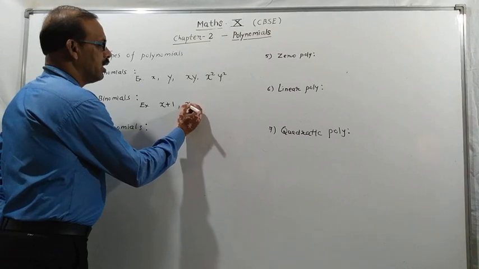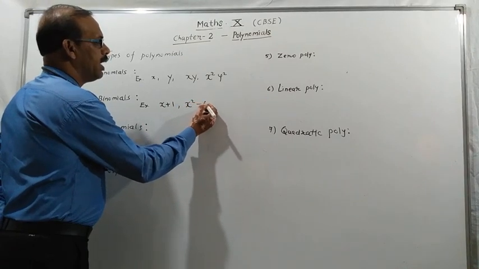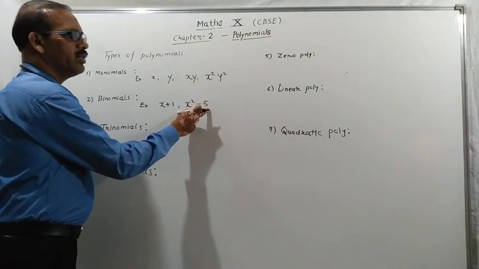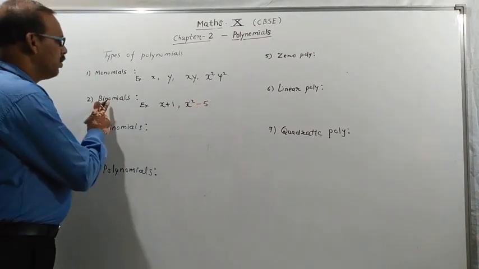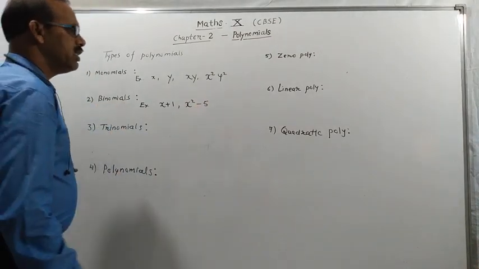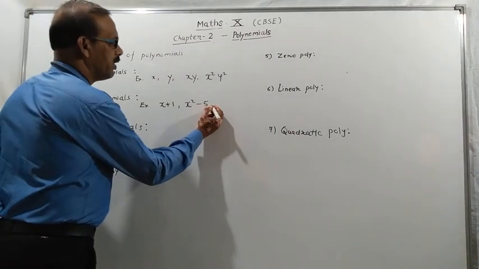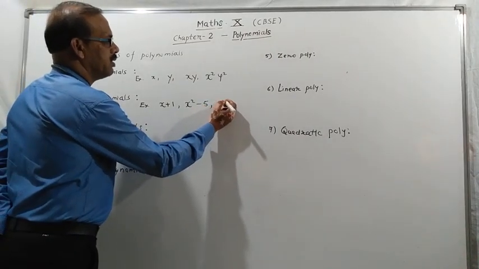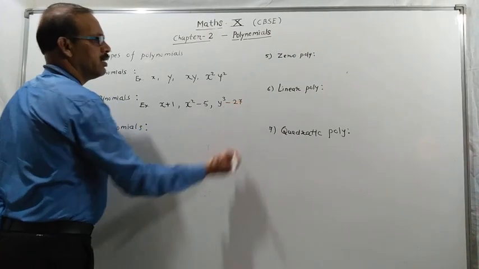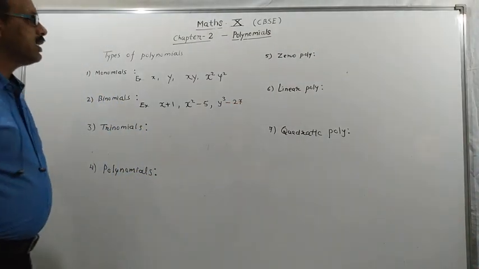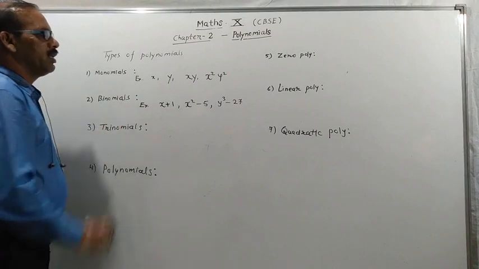Next, x square minus 5, which also contains two terms. We can write it in a different variable form like y cube minus 27. This is another example of a binomial.